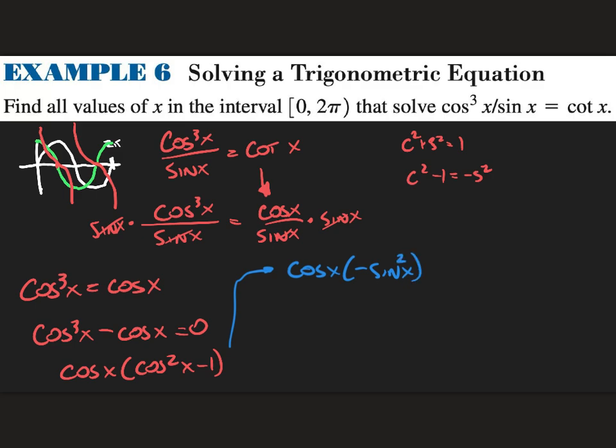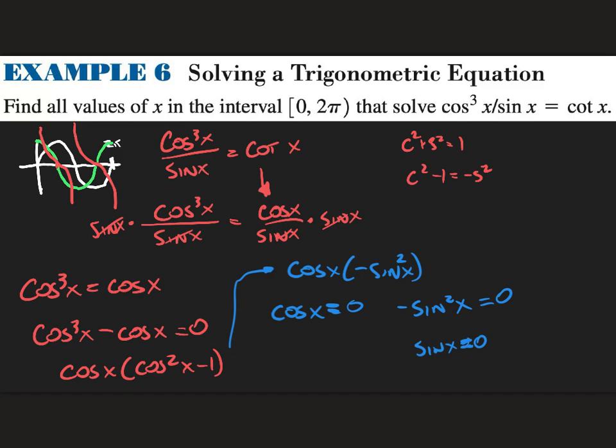Okay, now we come back to some basic algebra. We're going to separate the cosine x equal to 0 by the zero product property. You did this a lot in algebra 1 and 2. And then negative sine squared x, we set that equal to 0. We divide by -1 and take the square root, and you get the sine of x is equal to 0.